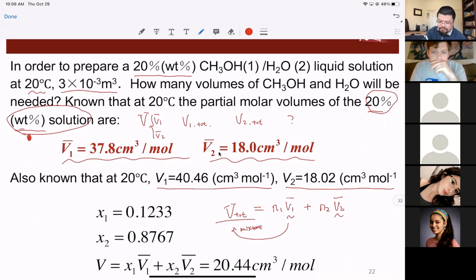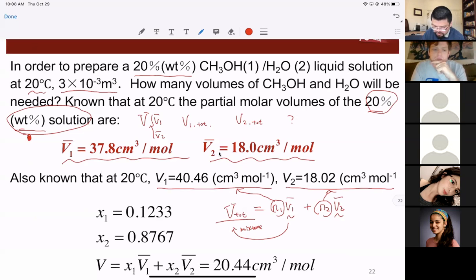And over here, if I know the number of moles, then it should be straightforward. If I multiply this N1 by V1, which is the specific volume of component 1, then I can tell how many volumes I need to have for both components.